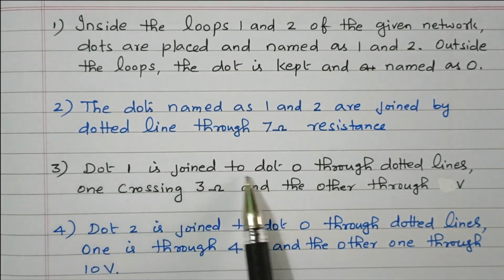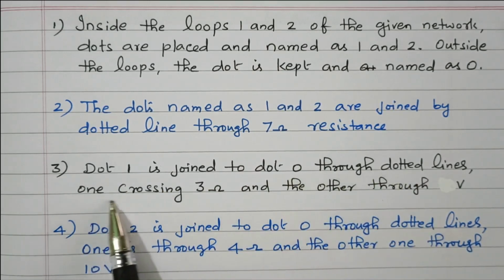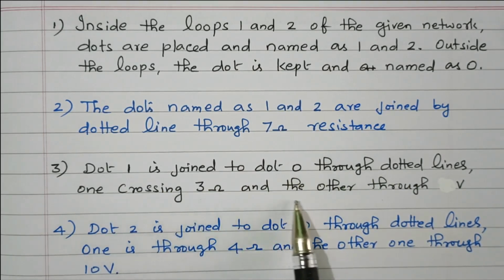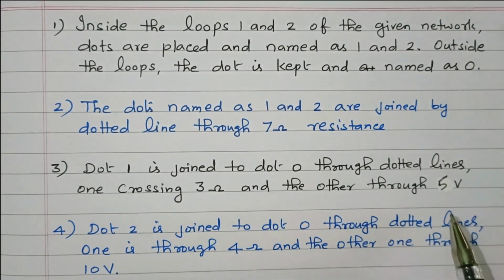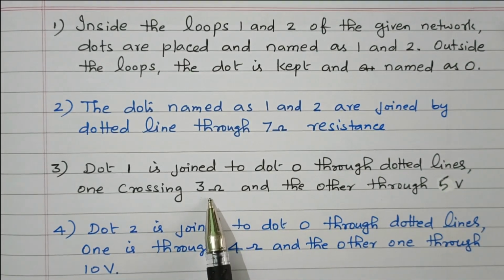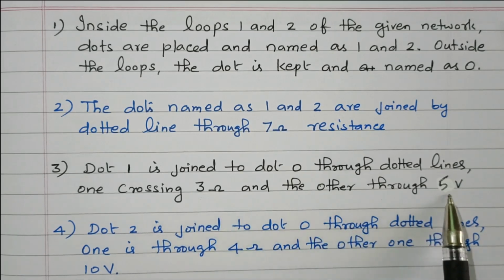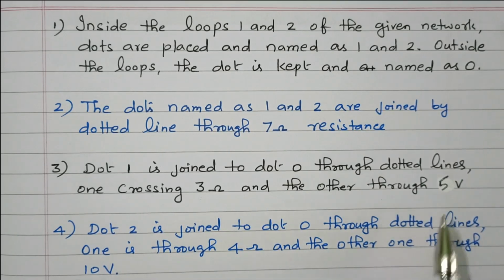Dot 1 is joined to dot 0 through dotted lines. One is crossing the 3 ohm resistor, another one is crossing the 5 voltage source. So this 3 ohm is converted into 3 mho conductance, and the 5 voltage source is converted into a 5 ampere current source going in the rising upward direction, right?